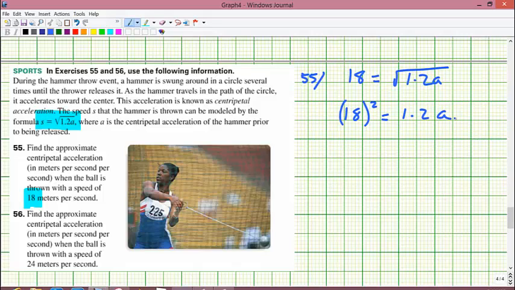And then we need to divide by 1.2. A is 18 squared over 1.2. And if we work that out, we'll see that that is 270 meters per second squared. All right.